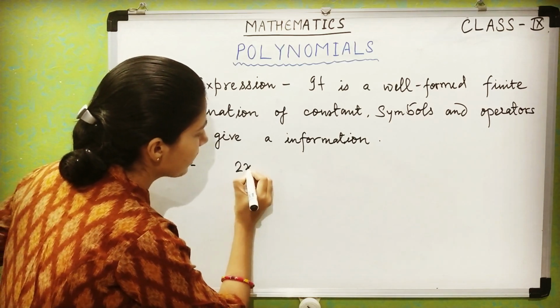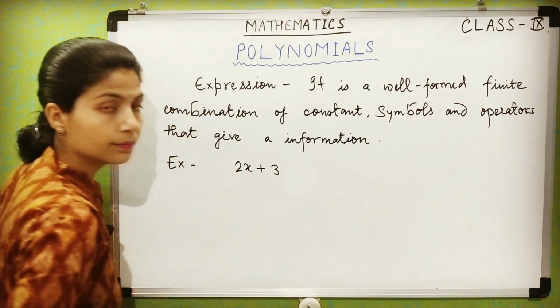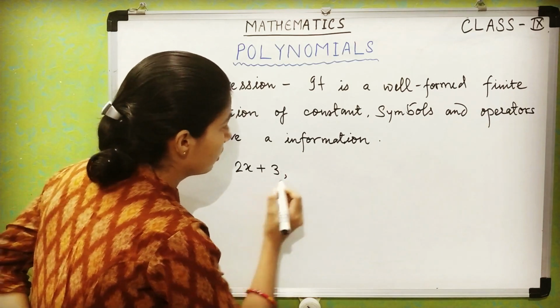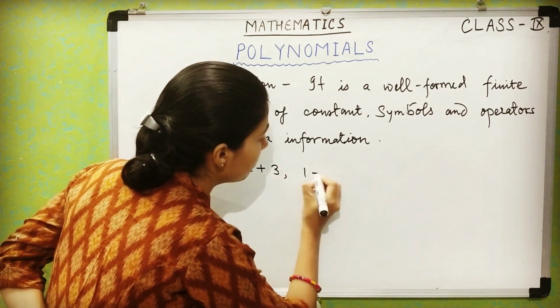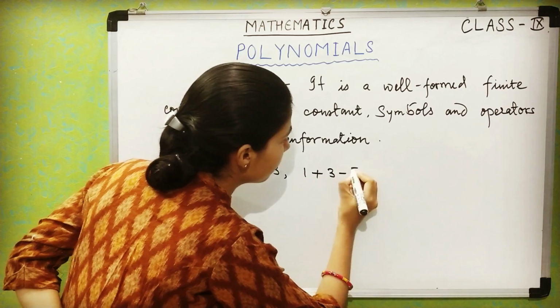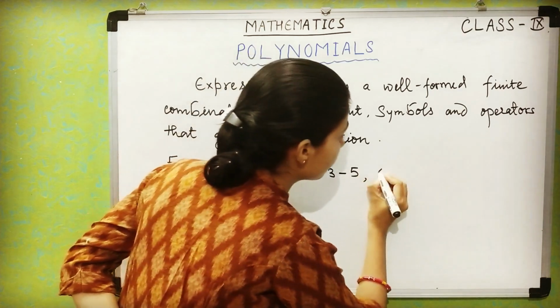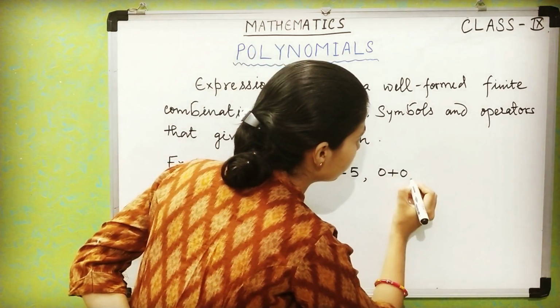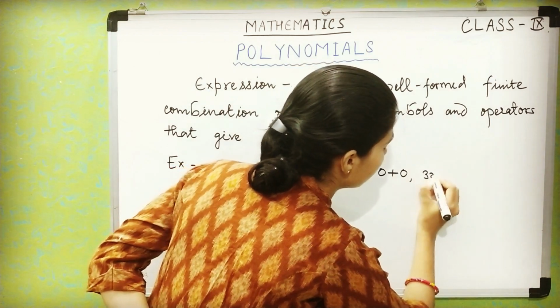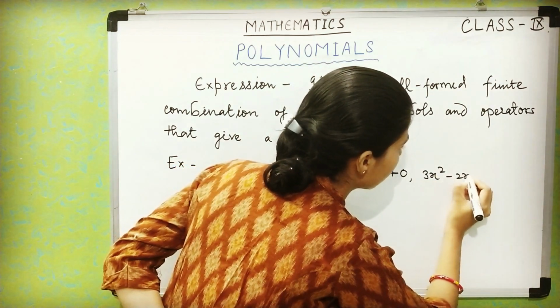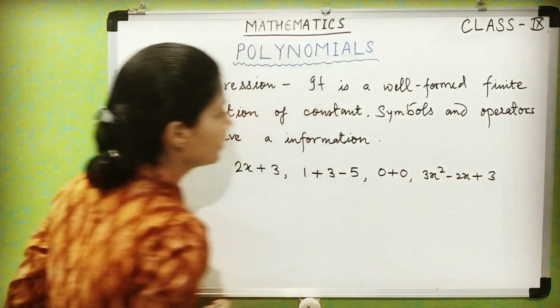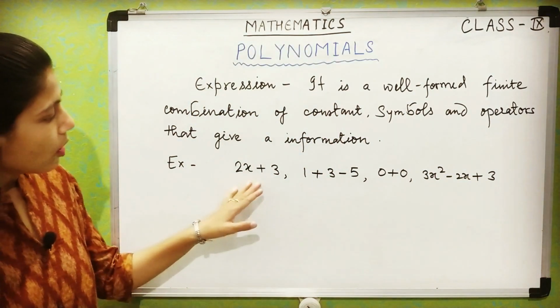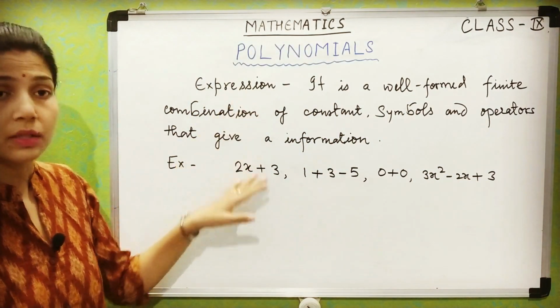if I write 2x plus 3, or 1 plus 3 minus 5, or 0 plus 0, 3x square minus 2x plus 3. Okay, so these all are examples of simple expressions.